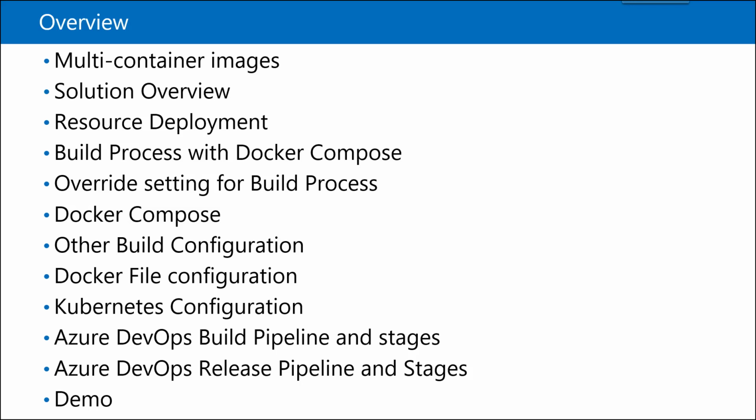And finally, we will learn about build pipeline and its stages, and then release pipeline and its stages in Azure DevOps. Once we understand all this theory, we will implement these concepts in a live demo, and we will discuss what are the steps we are going to perform in this demo. So let's get started.